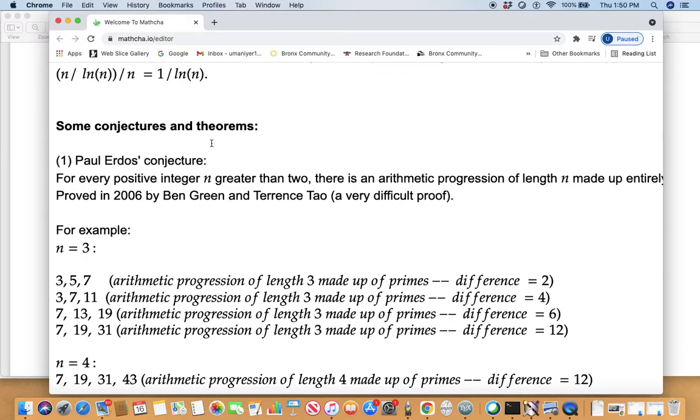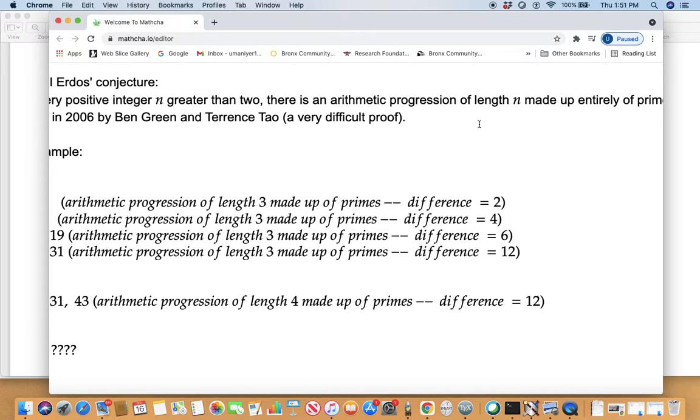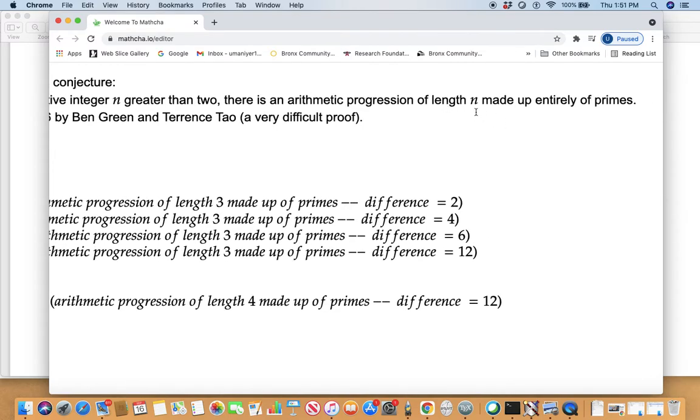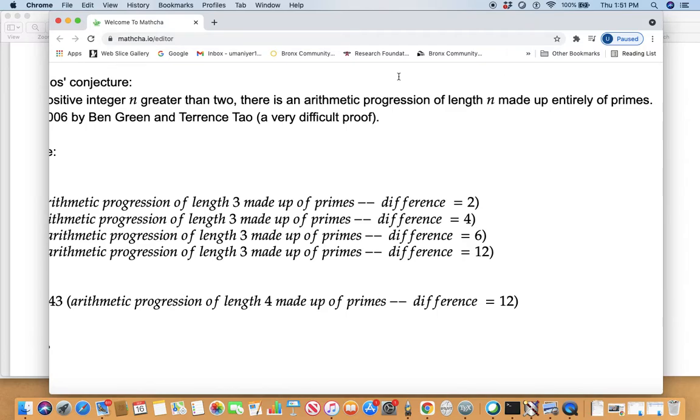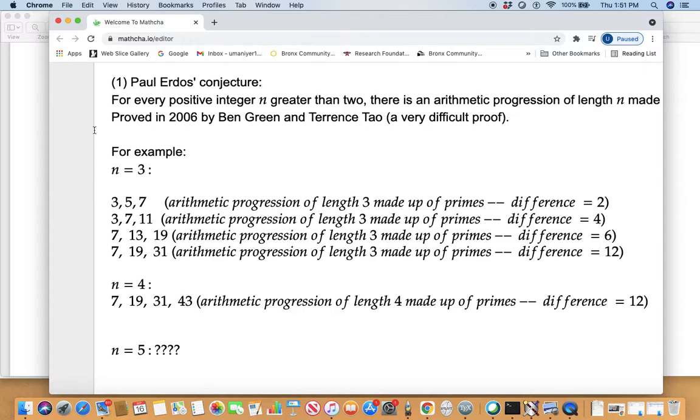Here are some conjectures and theorems. A very beautiful conjecture by Paul Erdős: for every positive integer n greater than 2, there is an arithmetic progression of length n made up entirely of primes. Arithmetic progression means a sequence of numbers, each of which is separated from the previous one by a fixed number.